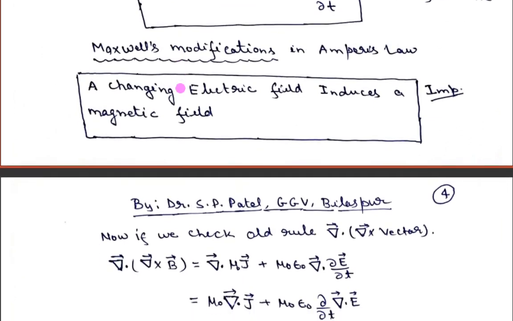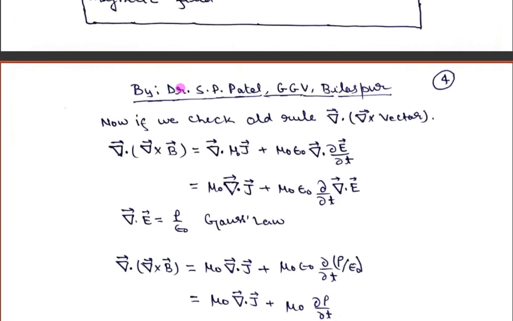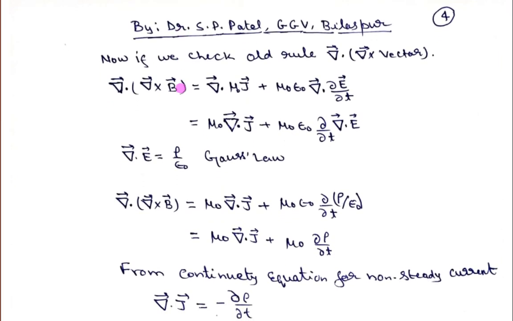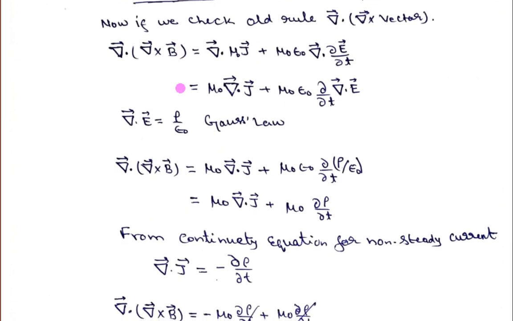Now if you check the Maxwell equation, the fourth one, Ampere's law with the old rule, the divergence of the curl of a vector, both sides should be equal to 0. So the divergence of del cross B is equal to del dot mu 0 J plus mu 0 epsilon 0 divergence of del E upon del t. We can write this as mu 0 divergence of J plus mu 0 epsilon 0 del upon del t of divergence of E. And we know from the Gauss law that divergence of E is equal to rho upon epsilon 0.